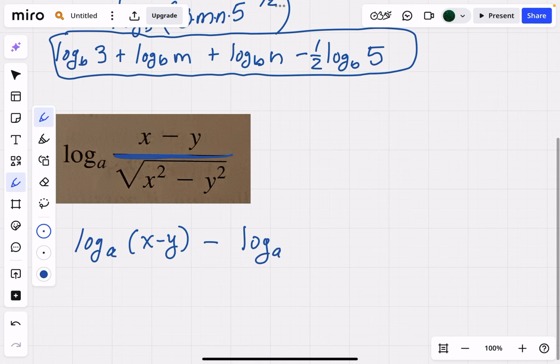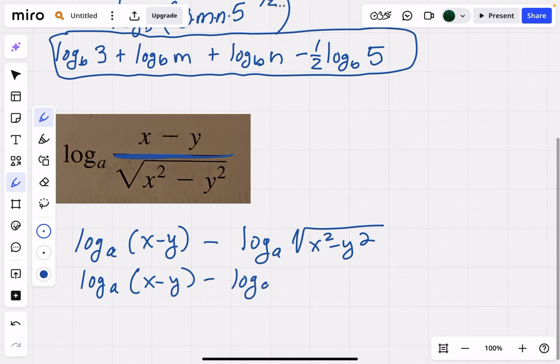And for now, since we didn't change anything, let's keep it as the square root, and I'll just rewrite it step by step. Okay, so here's our first step. Now, the next thing that you can do is, yes, you can still rewrite that, we said, right? So let's rewrite the square root as a power of half.